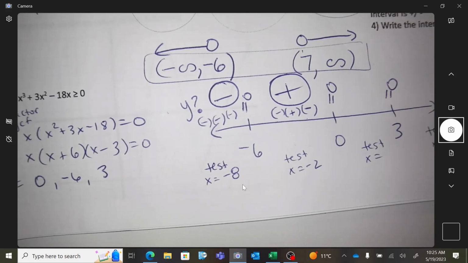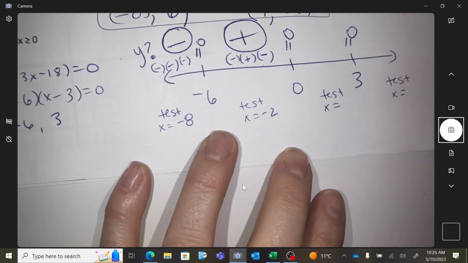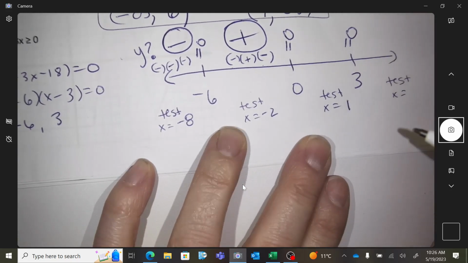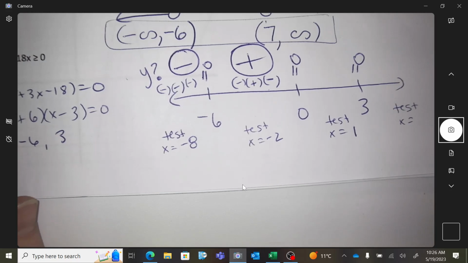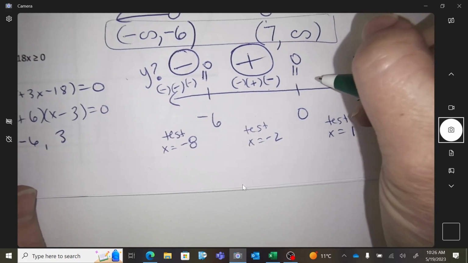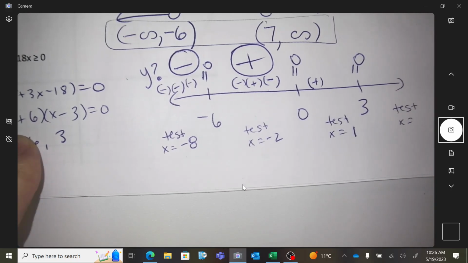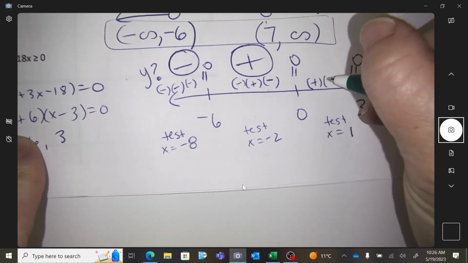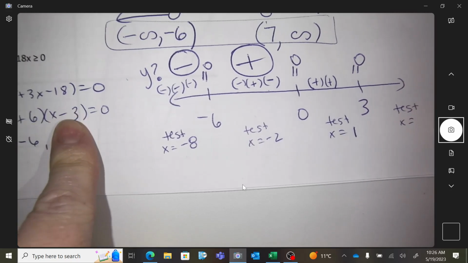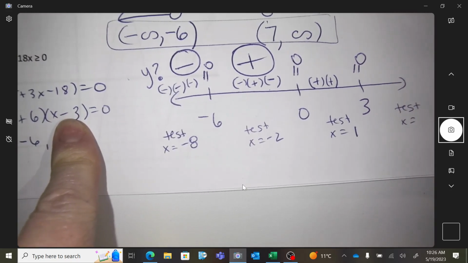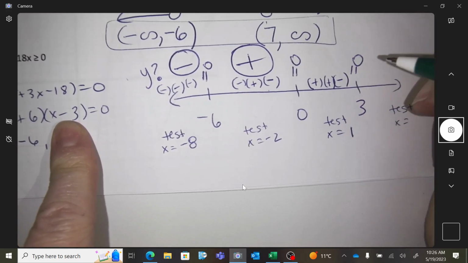Okay, what do you want to do on the next test zone? We could do a 1 or a 2 or something. I'm going to go 1. So the first bracket would be 1, so just positive. Second bracket would be 1 plus 6, positive. The third bracket would be 1 subtract 3, negative.